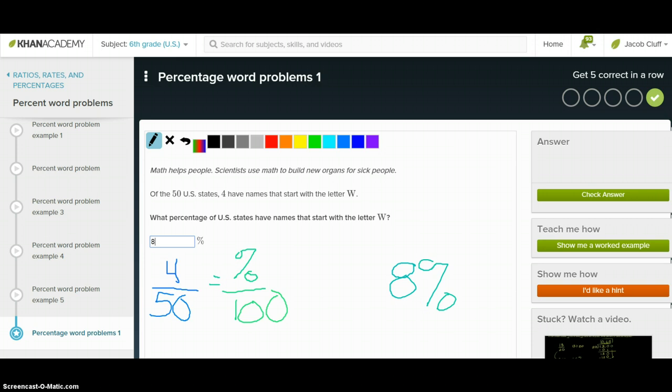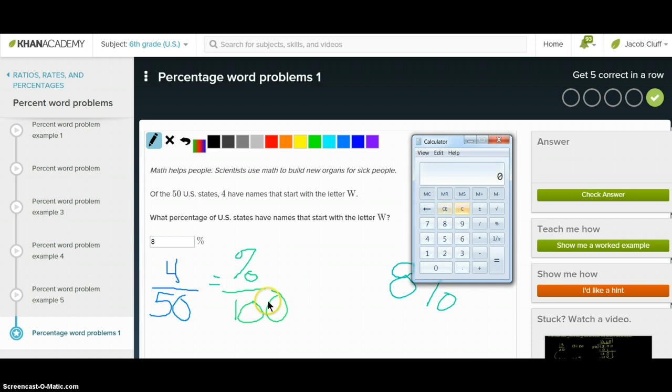So if we did it this way, we would have 4 times 100, and then we would divide that by 50. Okay, so let's do that again. 4 divided by 100 divided by 50 gives .0008.